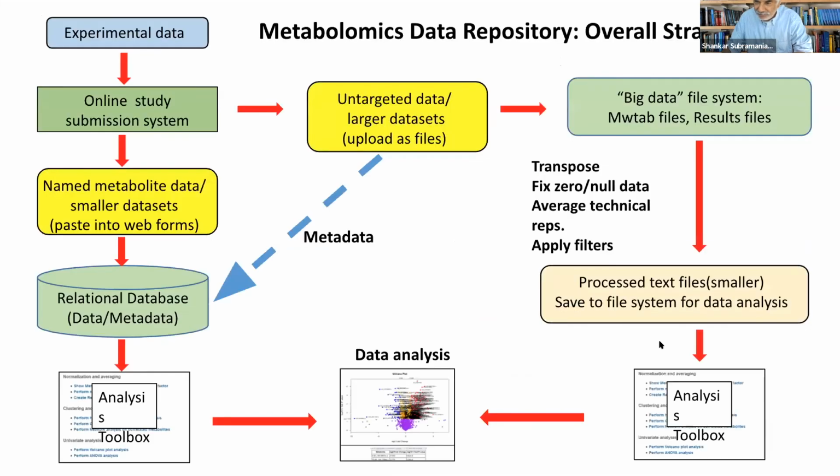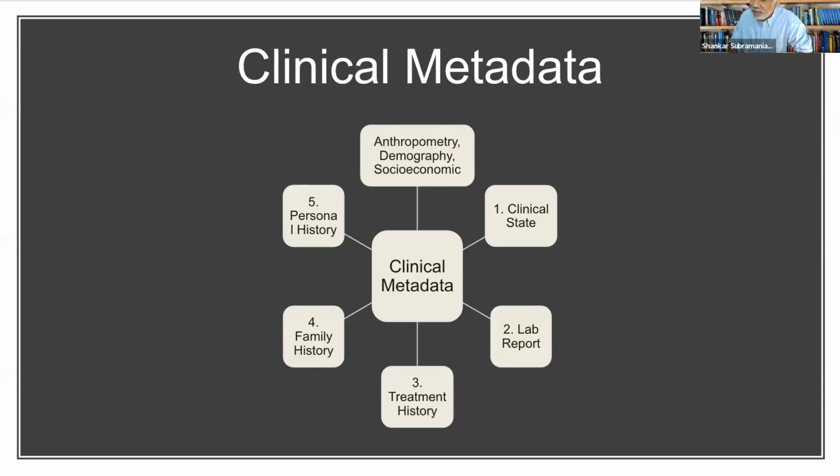Last 2 slides. So this is a kind of summary of what I told you so far. The Metabolomics Data Repository is not just a simple resource. We provide the metadata information to enable harmonization, to enable deep studies, to enable deep analysis. And the only thing that I did not tell you, and which I'm going to tell you in the next slide, is that if you're dealing with human subjects data, next slide, please. If you're dealing with human subjects data, you need clinical metadata, and this is absolutely crucial.